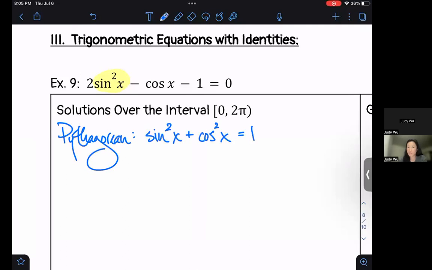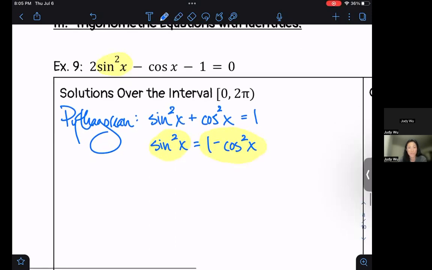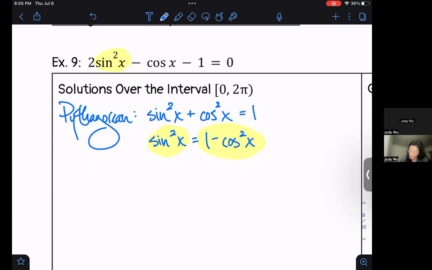Now, we know that's true, but what is also true is that I can subtract cosine squared from both sides and say that sine squared x equals 1 minus cosine squared x. And what that means is everywhere I see a sine squared x, I can actually replace it with 1 minus cosine squared. So that's exactly what we're going to do here.